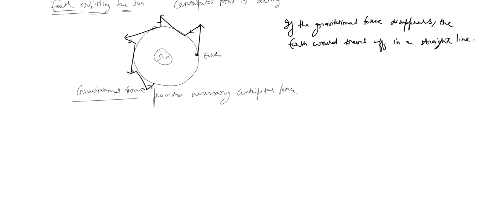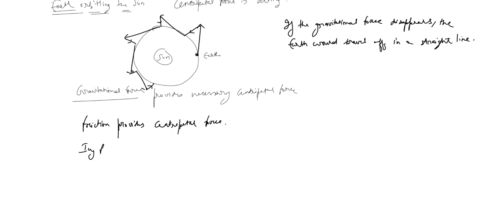Now, we have discussed that when a car is taking a turn on a bend, friction provides the necessary centripetal force. Now, if it is an icy road, what does that mean?